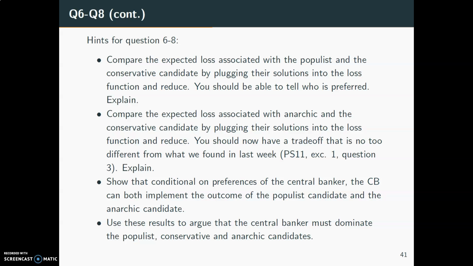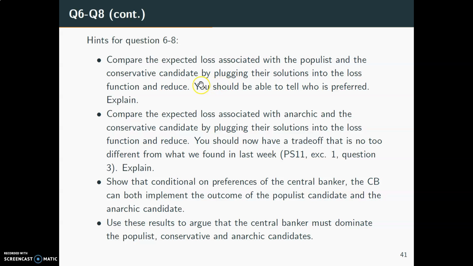Okay, so the hints for these questions are the following. First, compare the expected loss associated with the populist and the conservative candidate by plugging their solutions into the loss function and reducing. Basically, you take the outcomes, x_t and pi_t, in each of these two cases for the populist and the conservative candidate, plug them into the loss function and take expectations.